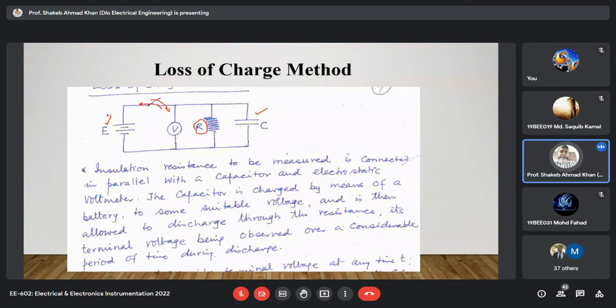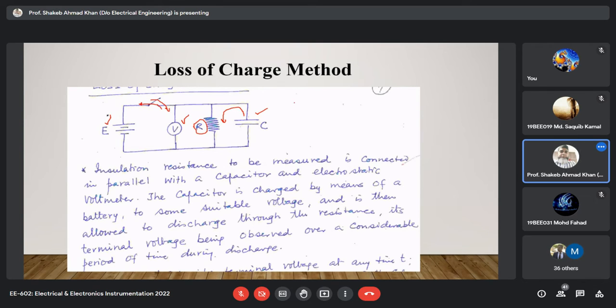Now the main experiment will happen. When your switch is open, this charged capacitance will get discharged through this insulation, and the discharge readings will be taken with respect to time through this voltmeter. Generally this voltmeter is an electrostatic voltmeter because very high voltage is there.